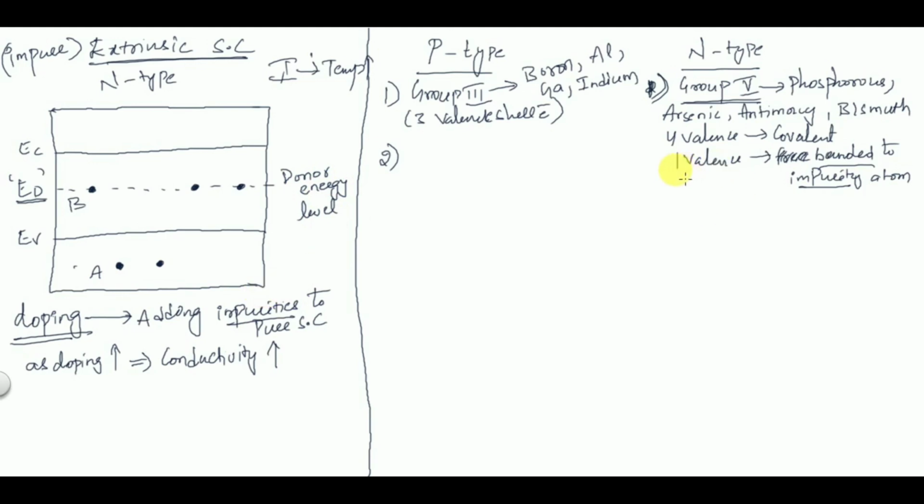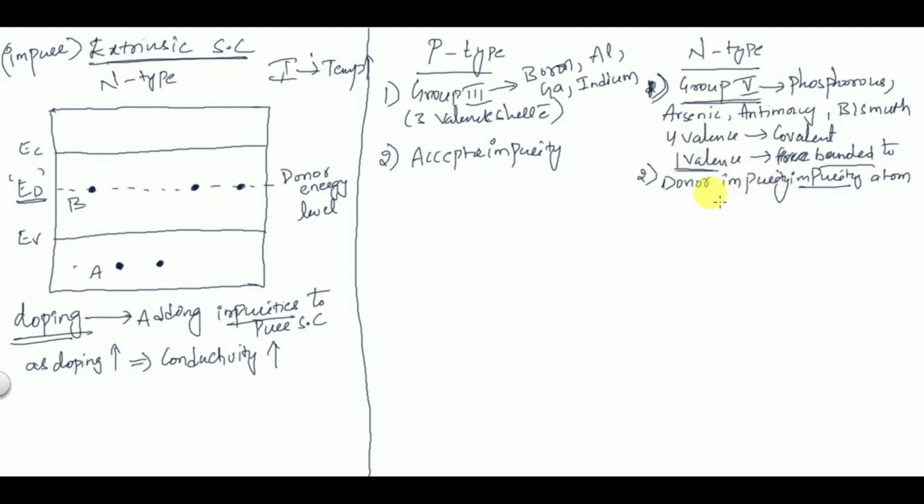So one valence electron is there. Why is it called the donor energy level? Because in p-type the impurity is called an acceptor impurity, and in n-type it is called a donor impurity. Why is it called a donor impurity?